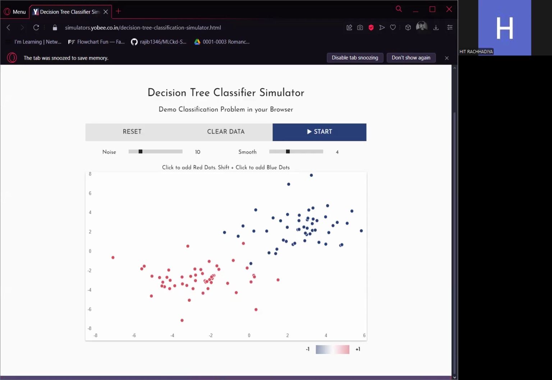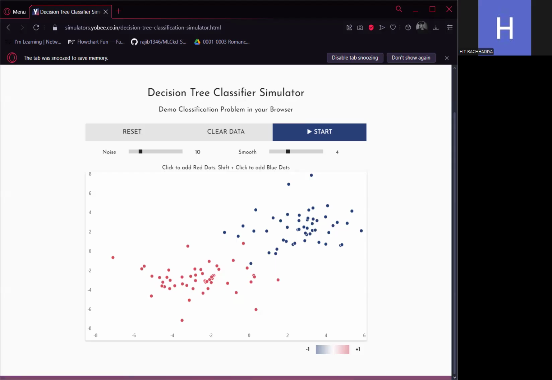As I mentioned earlier, this can be used for classification and regression purposes. In classification, the leaf node outputs the majority class of the samples in that node. And in regression, the leaf node outputs the mean or median of the target variable in that node.